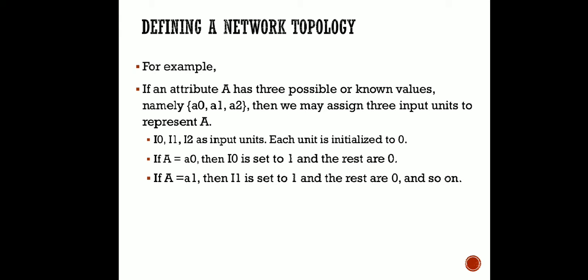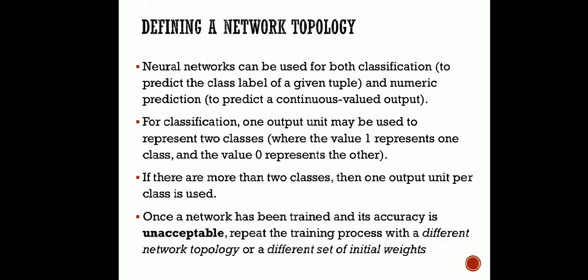So in this fashion we can build the network, we can define the network for discrete values of attributes. Now, neural networks can be used for both classification, to predict the class label of a given tuple, and numeric prediction.